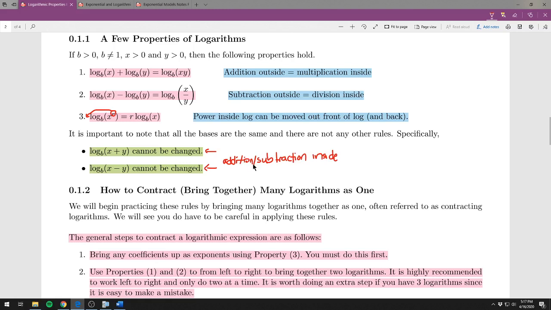There is no log rule for it. There's nothing you can do to change it. That's an important thing because, like I said, what typically happens, especially in the next section when we solve equations, is people want to break this up. If you have x plus 2 inside and they just want the x inside, you can't change it. It's going to be x plus 2 the whole time.